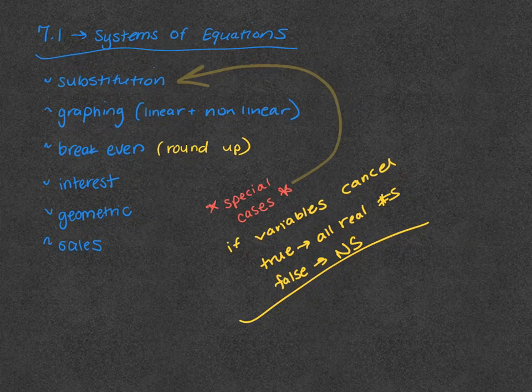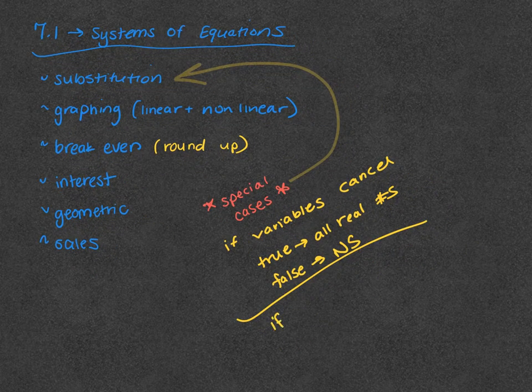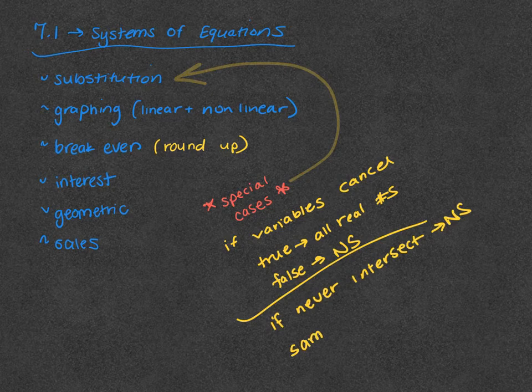And then if it's a graph, if they never intersect, it's no solution. So parallel lines or a parabola that points up and a line that runs down would never intersect. Those would be no solution. And if they are lines, the same line, if they end up graphing the same line, then it's all real numbers. Those are your special cases with graphing and substitution, and also elimination they carried over.